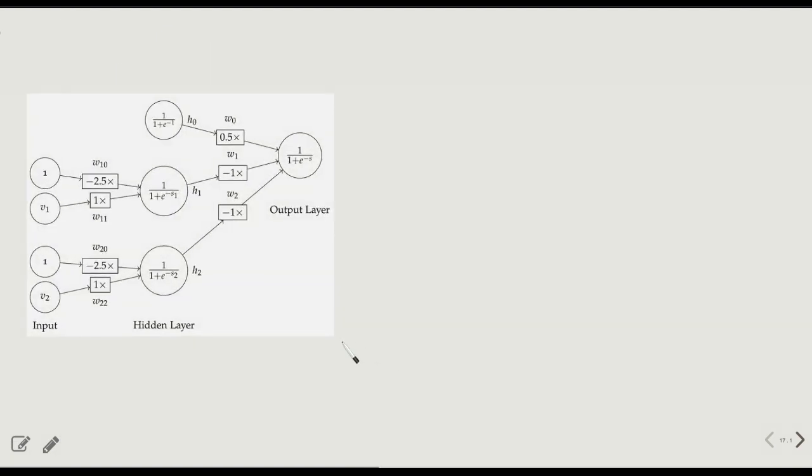So we can use the sigmoid function in place of a step function. If we adjust the previous neural network with the sigmoid function, the step function becomes a sigmoid function.